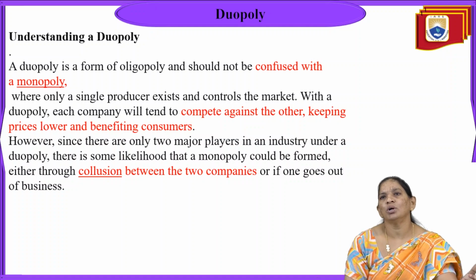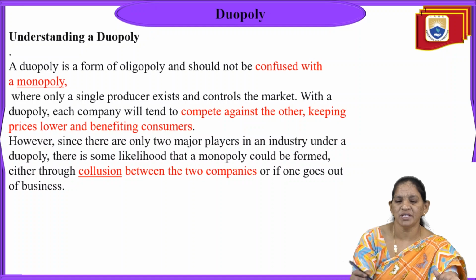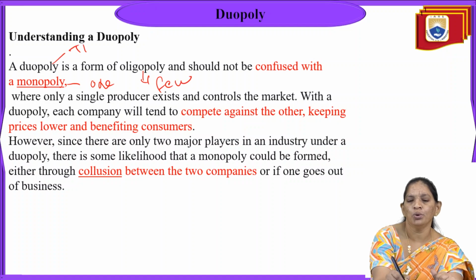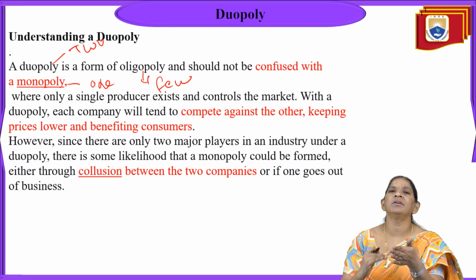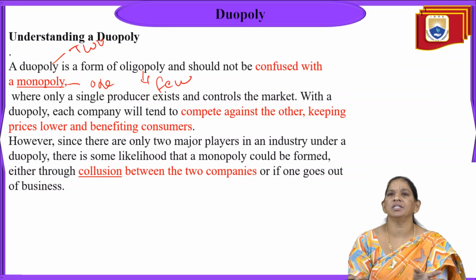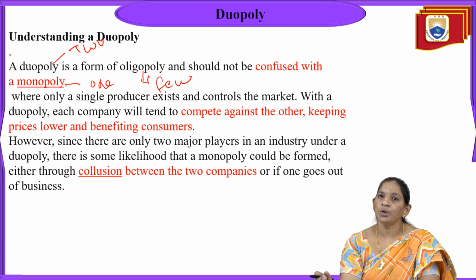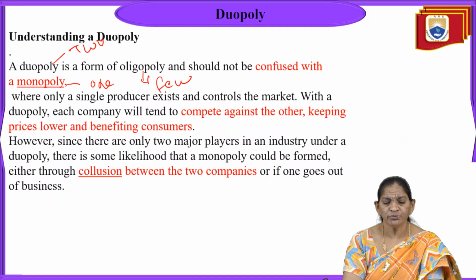As we know, monopoly means single, duopoly means two persons, oligopoly means few sellers. So mono is one, oligo is few, and duo is two. In this way, these are all different based upon the number of producers, with differences in features and other benefits that these products extend, and in how they control the market.